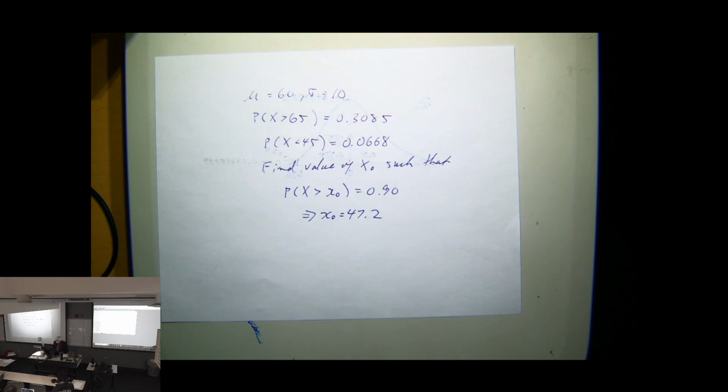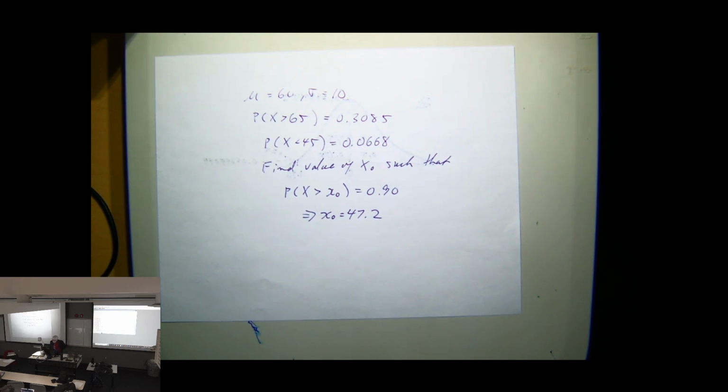And then I said, I want it greater than 65, so I'm going to put 65 in there. And then I'm going to put the mean and the standard deviation. So the mean is 60, and the standard deviation is 10. And what that's going to give us, well, first of all, it's not going to give us the right thing, so let's just do that, because this is going to give us the lower tail probability, or cumulative probability. But if I just take that and subtract that from 1, we got our answer, our 0.3085.